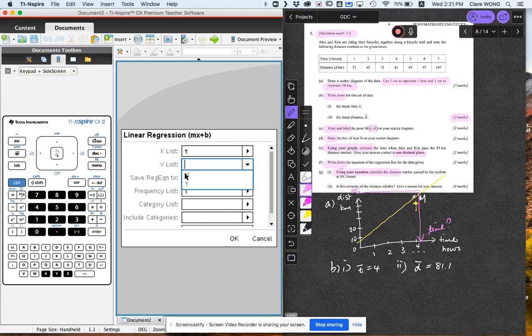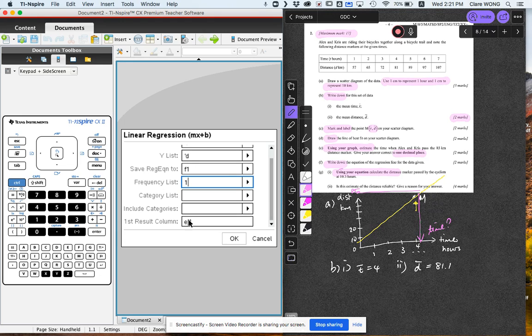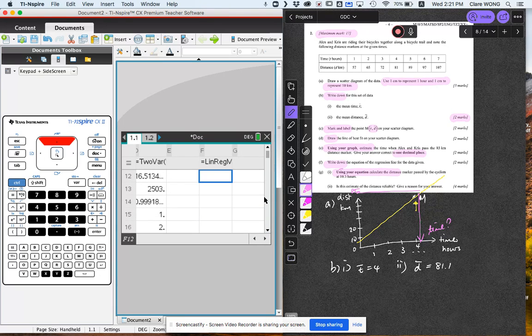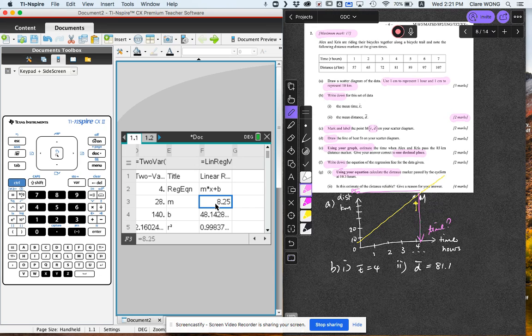T, D, save the equation in F1, and then now column E, far, far away from here. You need to go up, mx plus b, m is 8.25.